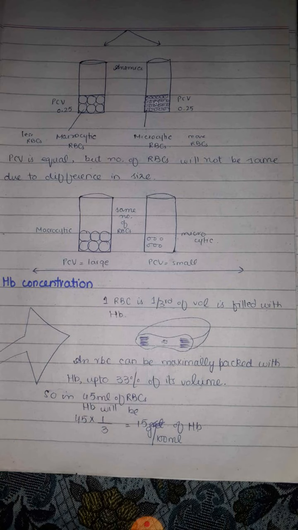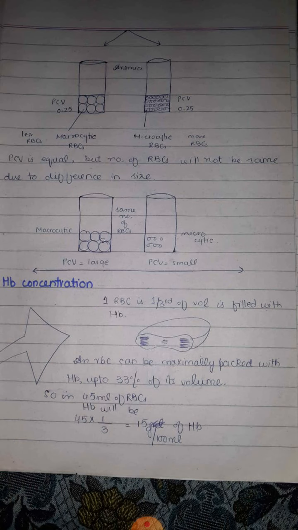But the difference is in the size of the red blood cells. Here we can see that red blood cells are large in size, called macrocytes, and here red blood cells are very small in size, called microcytes. The volume occupied by the RBC in both containers is the same, but the size is not same. So despite any difference in the size of the red blood cells, the packed cell volume is the same.